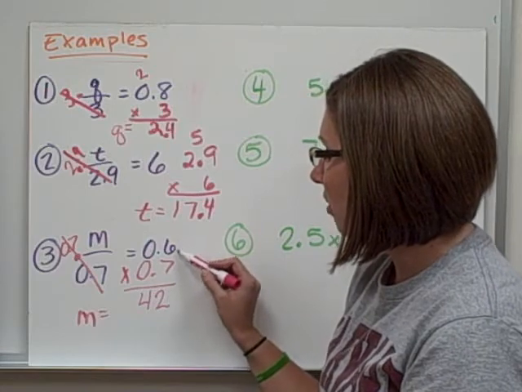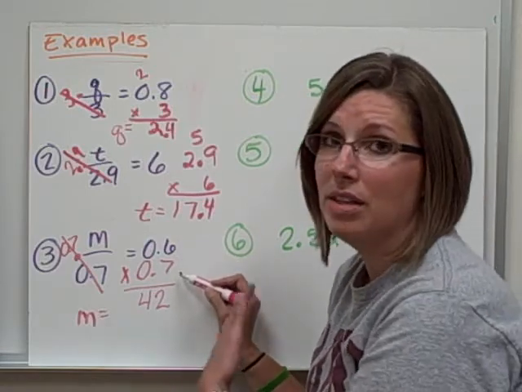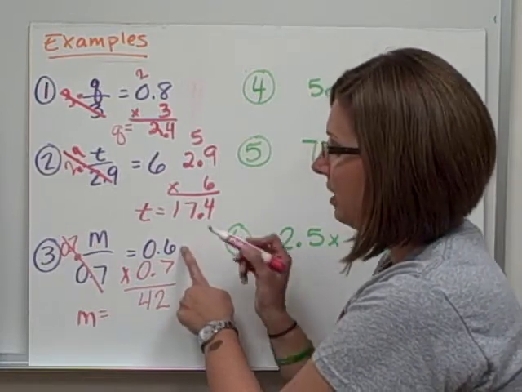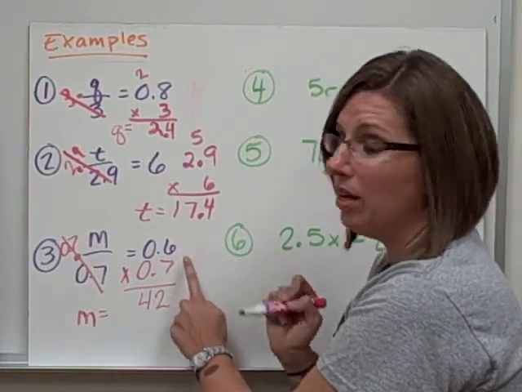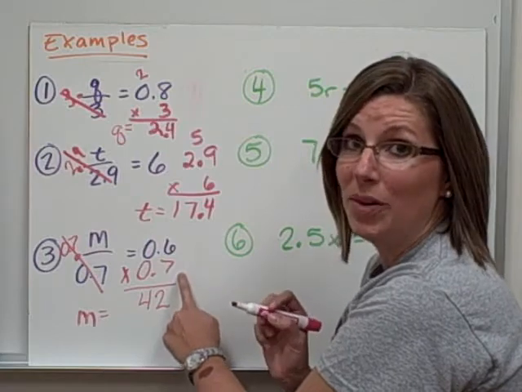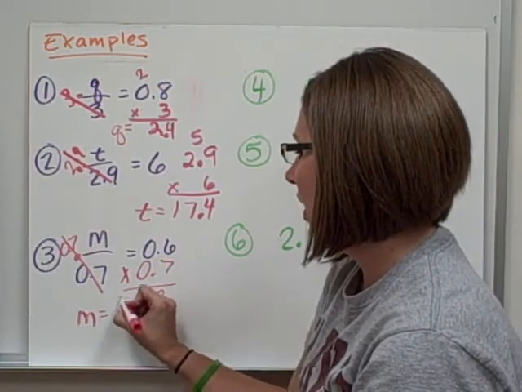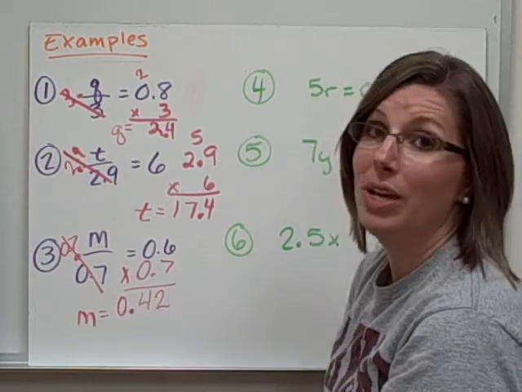But let's look at how many places I have behind the decimal. I've got one place value behind the decimal here, one place value behind the decimal here, so I need to move my decimal over twice. 0.42 is my answer.